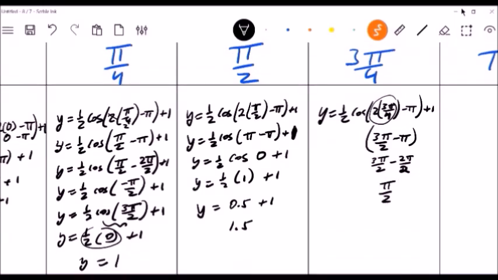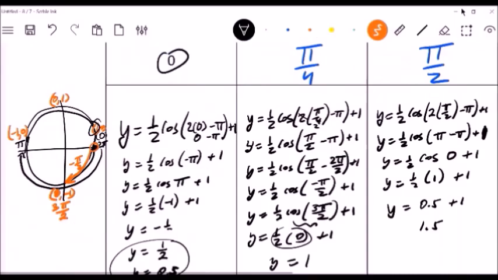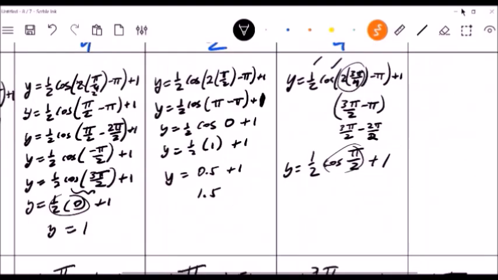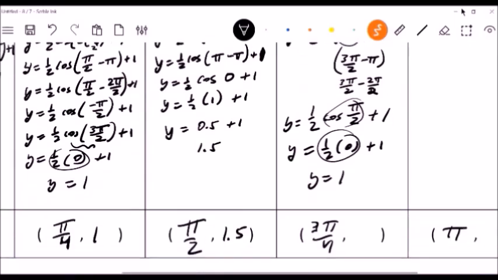So y equals 1/2 the cosine of pi over 2, plus 1. The cosine at pi over 2 is up here, and that's a 0. So y equals 1/2 times 0 plus 1, and that's 0, so y is 1.